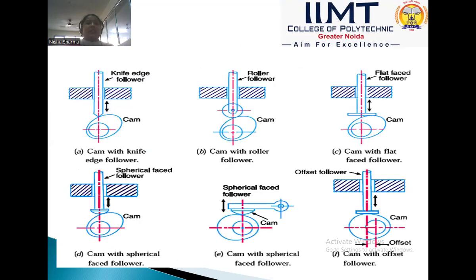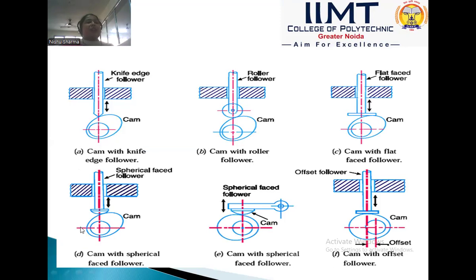In a radial cam, the follower reciprocates or oscillates in a direction perpendicular to the cam axis. This is an example of the radial or disc cam, because in the diagram we see that the follower reciprocates or oscillates in a direction perpendicular to the cam axis.